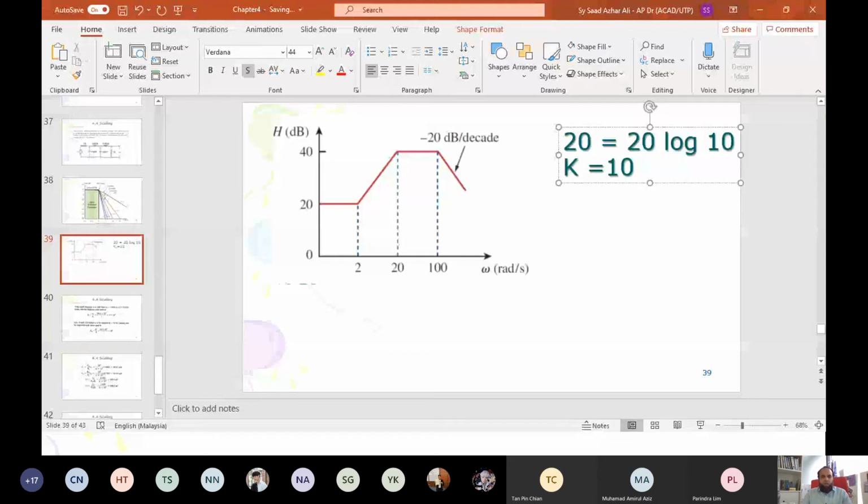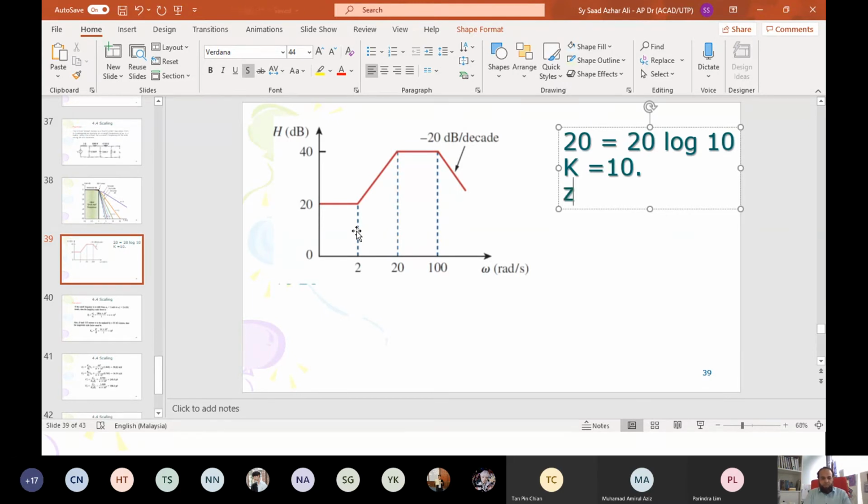Now we see there is a plus 20 dB per decade slope from 2 to 20. When do we have an increase in slope? When we have a zero, and it starts at 2.